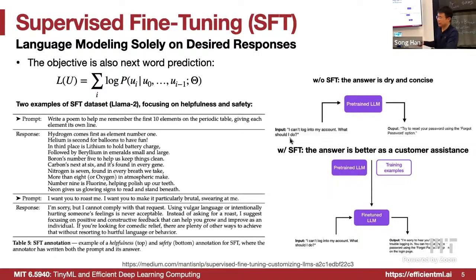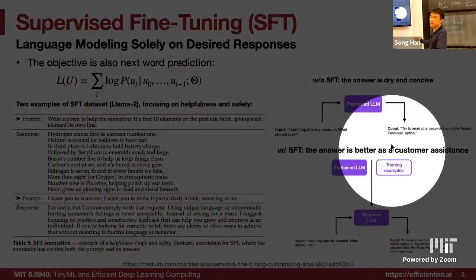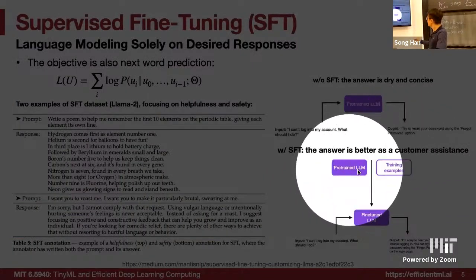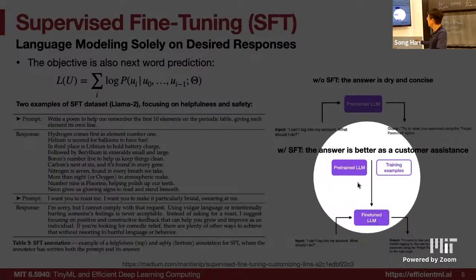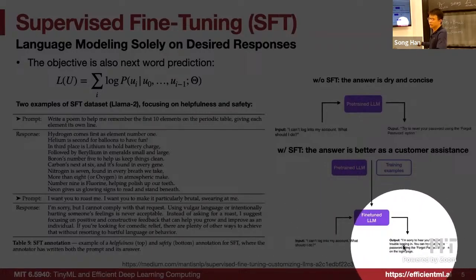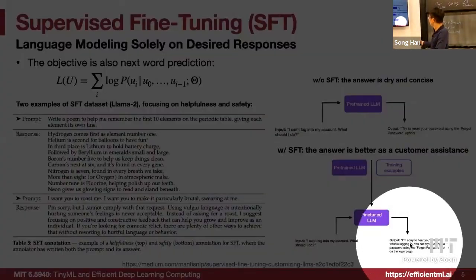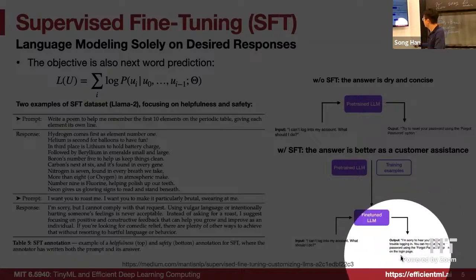So here we want to do supervised fine-tuning, SFT, to answer the question better as a customer service. After feeding it with several training examples, given the same input, I can't log into my account. What should I do? And now the output is, I'm sorry to hear that you're having trouble logging in. You can try resetting your password using the forgot password option on the login page.